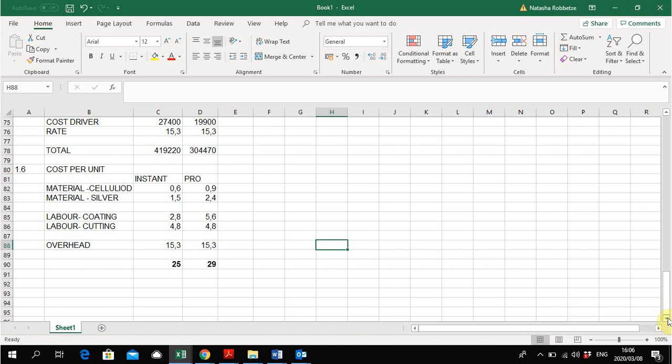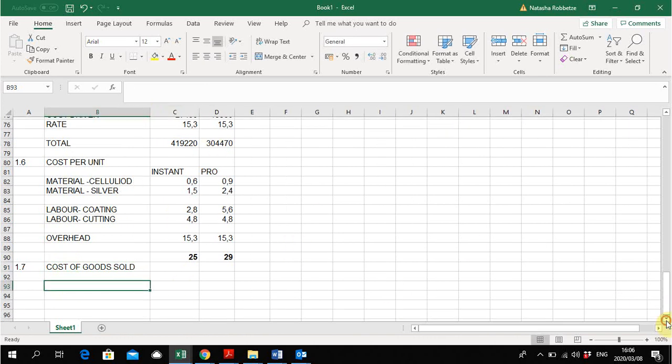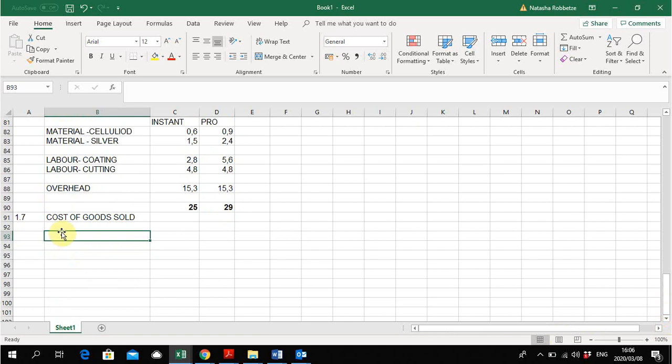Moving on to required 1.7. In 1.7, we need to do the cost of goods sold, or cost of sales, as it is sometimes called. Now, for the cost of goods sold, I like to first just start with my layout, because then I know what information I need to look for. So the first one I need is the direct material, but this is issued, the direct material issued.